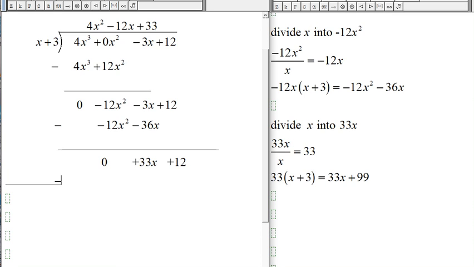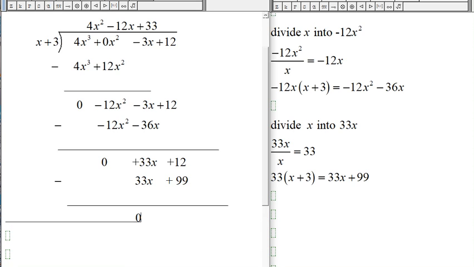So we need to subtract 33x plus 99. And again, be careful with the subtraction right here. 33x minus 33x would be 0. 12 minus 99 would be negative 87.